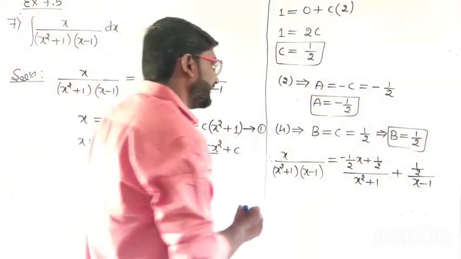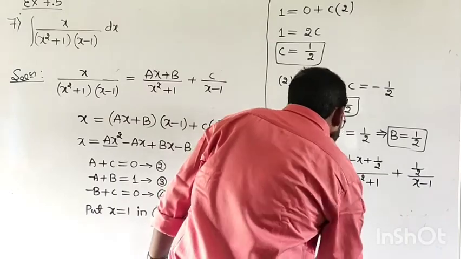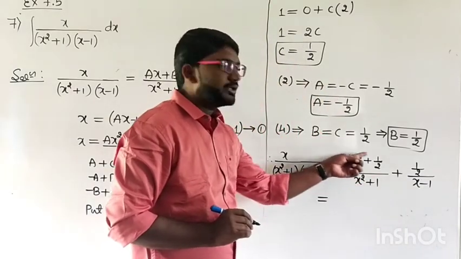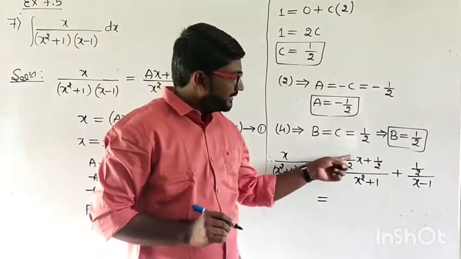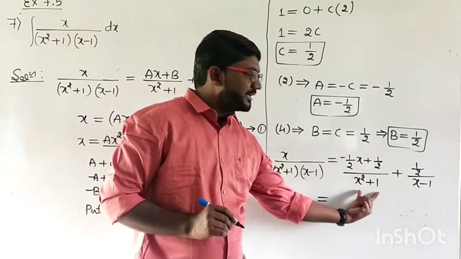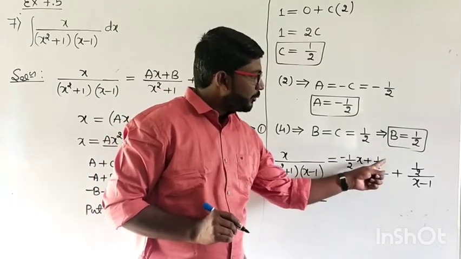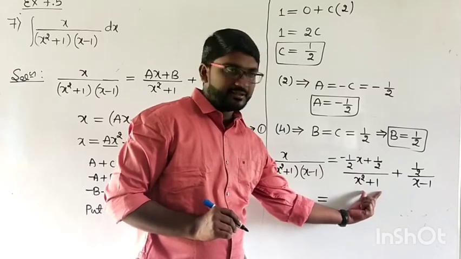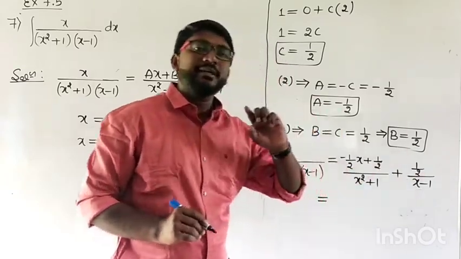So now in the next step I split this into two terms. Minus 1 by 2x divided by the denominator plus 1 by 2 divided by the denominator, and I write the last term as it is.